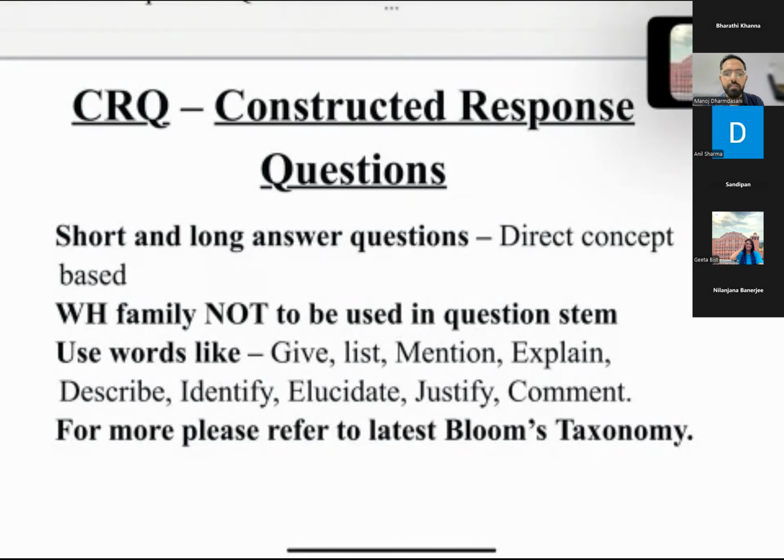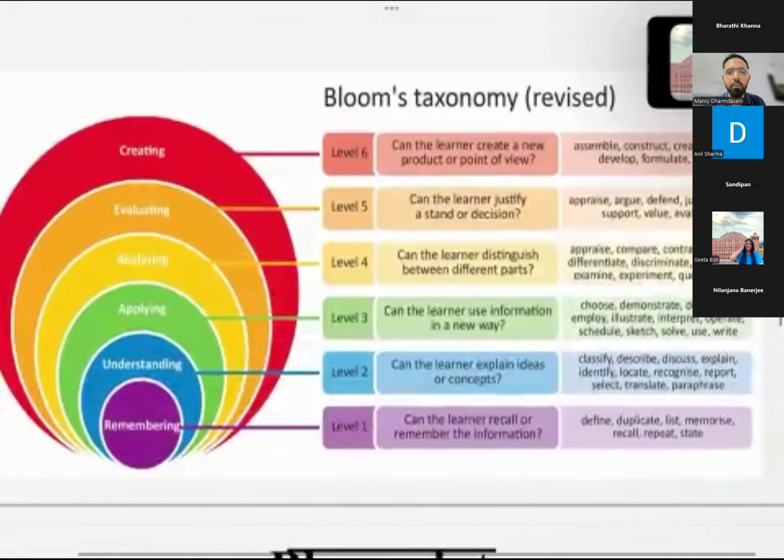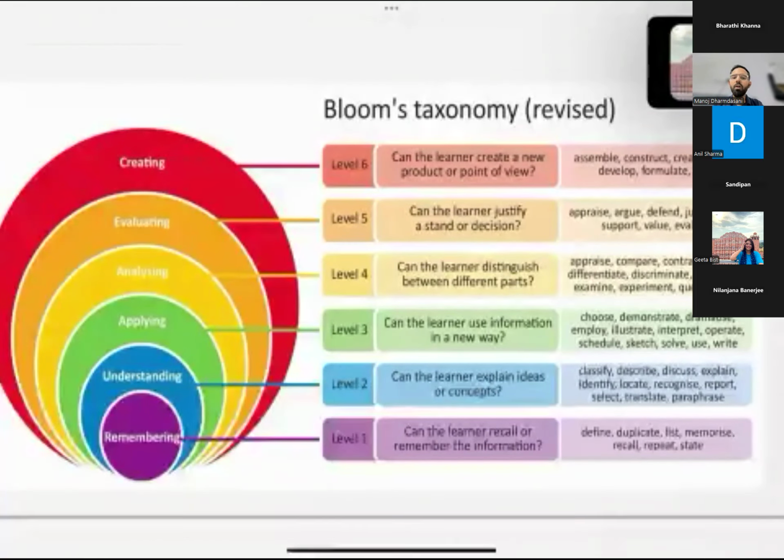And for more, we are going to refer to Bloom's taxonomy. We all are very much aware of this concept, and in our school we are using this taxonomy in our lesson plan also. For each and every lesson plan of our subjects, whether it is business studies, accountancy or economics, we use Bloom's taxonomy.